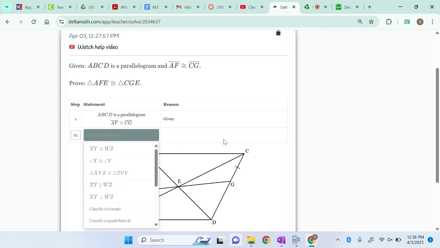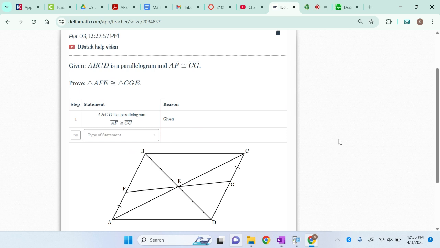No. Okay. So now we can say that those two angles that we tried to prove were congruent are congruent. So angle FAE is congruent to angle GEC because alternate interior angles are congruent.